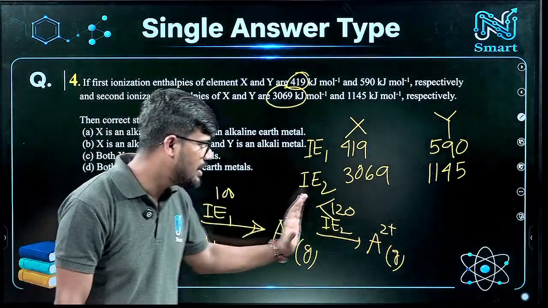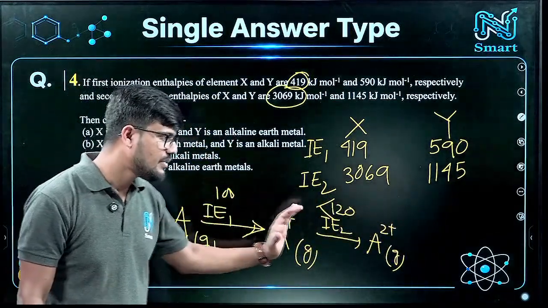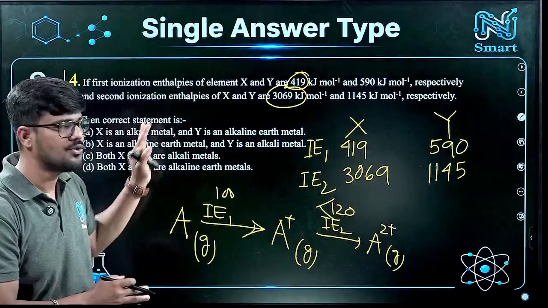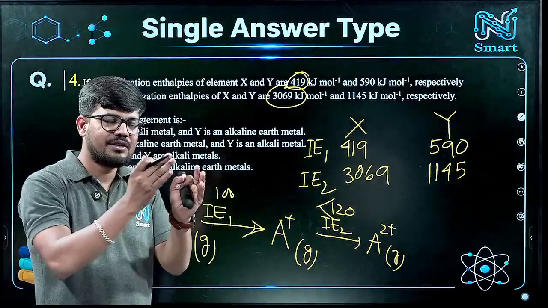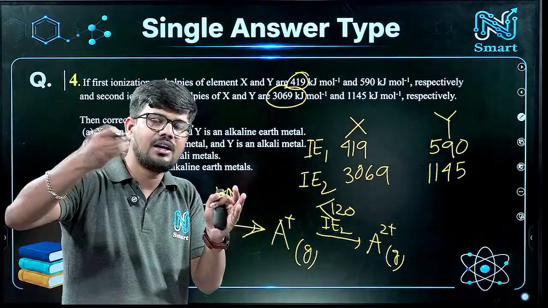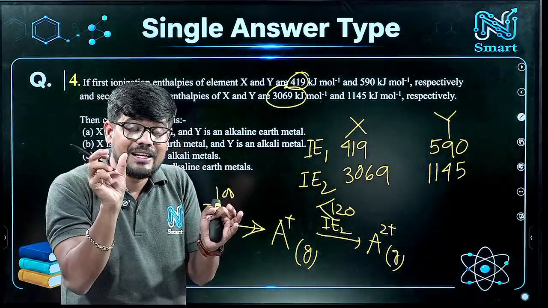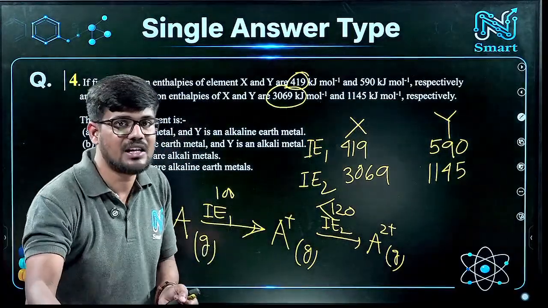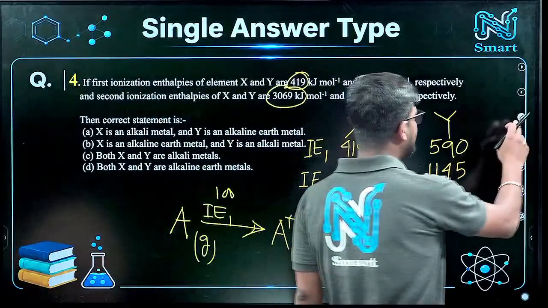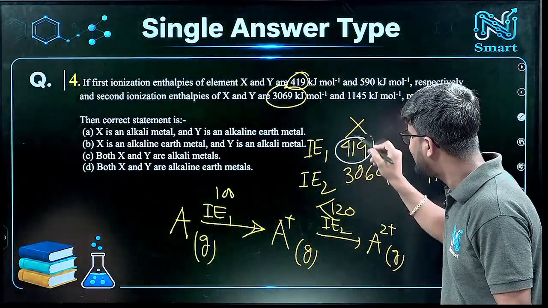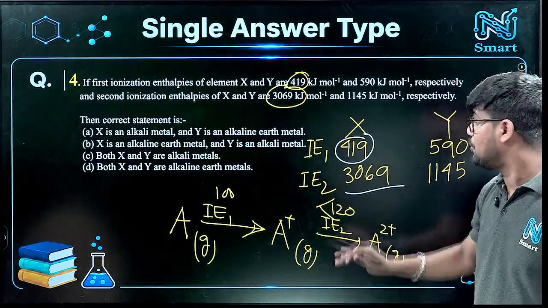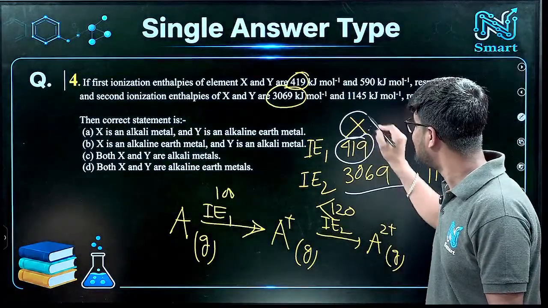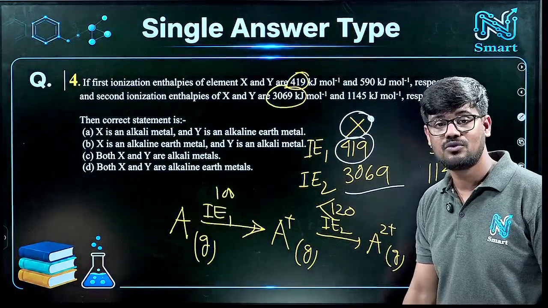So if you keep removing electrons, normally ionization energy will increase step by step. Now in this question, the normal trend is that the more electrons you remove, the more the ionization energy increases, but how much it increases, that rate you have to check, how much more energy is needed. Just check here for the first example: 419 to 3069 directly, so there is a huge gap, right? That means this X must have only one valence electron.